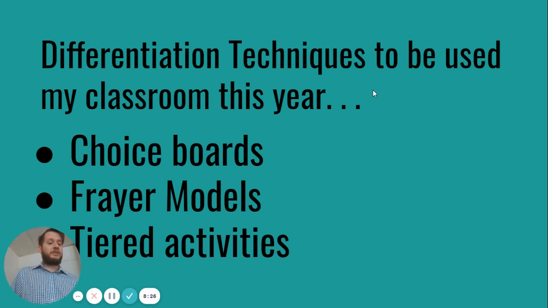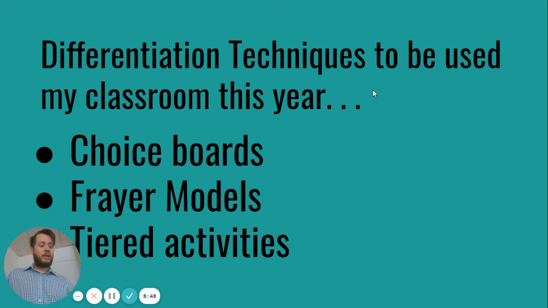Graphic organizers are a form of differentiation, and 2 that I plan on using this year are Frayer models and choice boards. A Frayer model is used for vocabulary, and in science they are particularly useful because it allows the scholar to understand a concept in their own words and with visual assistance.